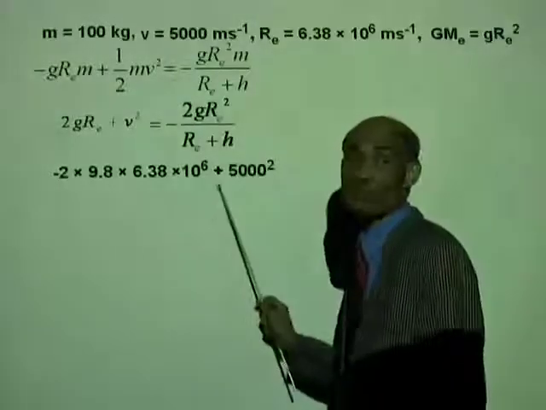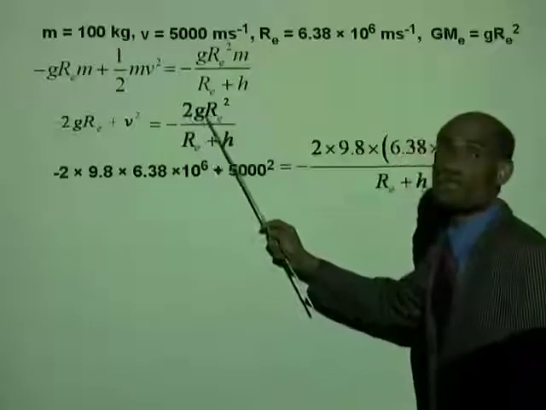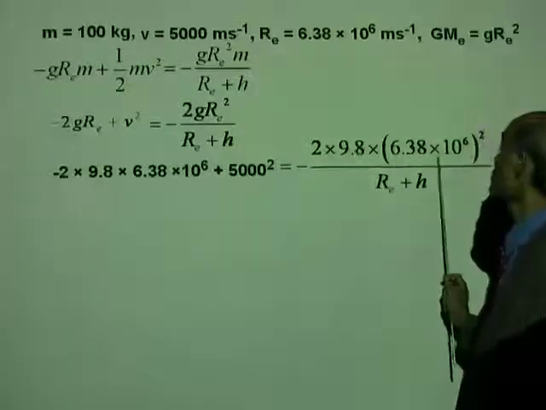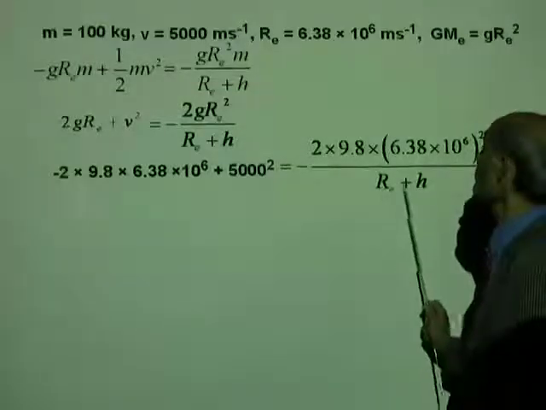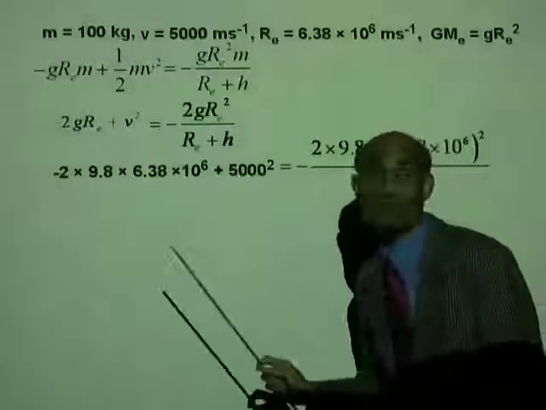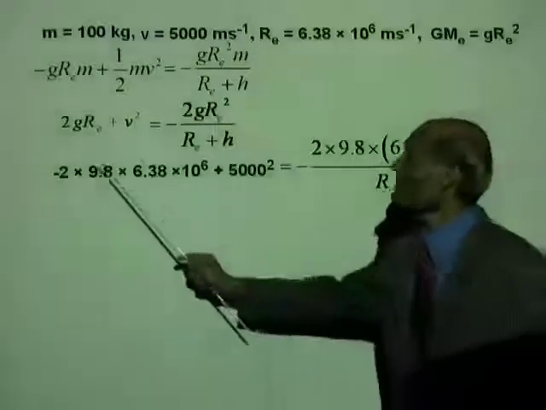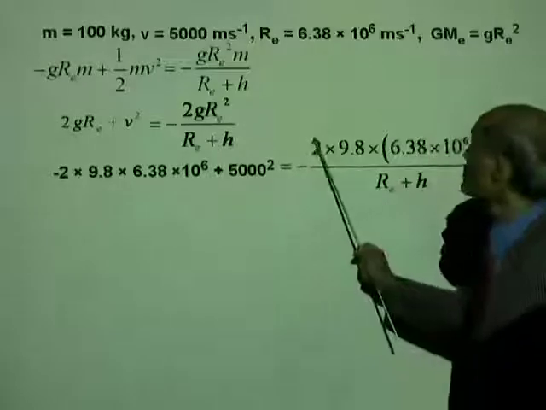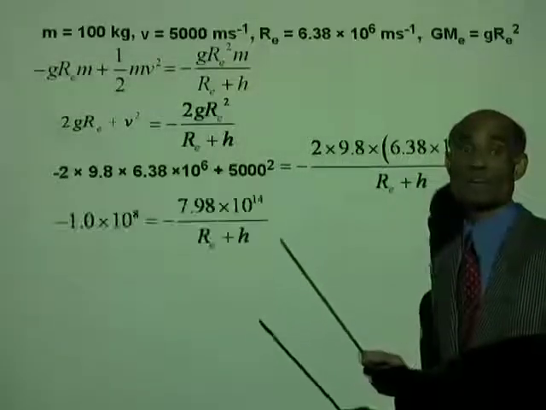This is the left hand side, equal to the right hand side, 2 g RE squared: 2 times 9.8 times the radius of the Earth, which you need to square, over RE plus h. You need to now use your calculator to figure it out. Would you like to do that with me? Simplify the left hand side on your calculator and simplify the numerator of the right side.